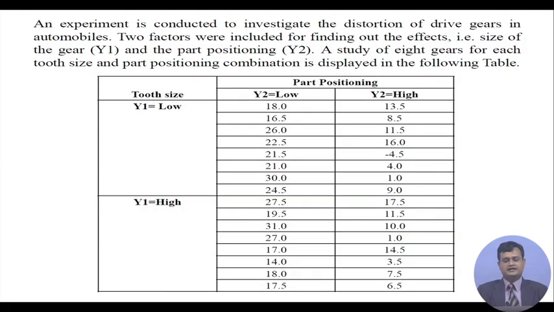A study of 8 gears for each tooth size and part positioning combination is displayed in the following table. So, you can see the 2 levels for tooth size y1, low and high, and the part positioning y2, low and high, and when the settings are kept like this, the number of readings observed for a given setting are displayed here.